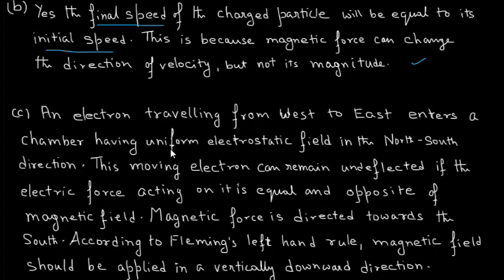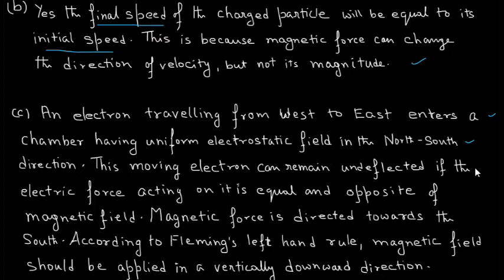An electron traveling from west to east enters a chamber having uniform electrostatic field in the north-south direction.